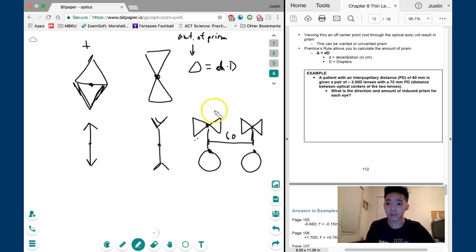And so the glasses they messed up, and they made the distance between the lenses too far, like this.